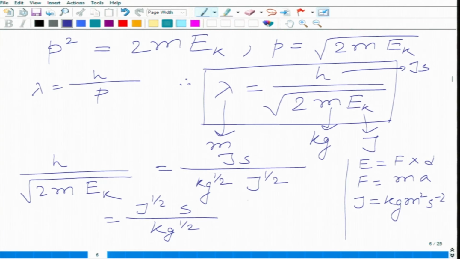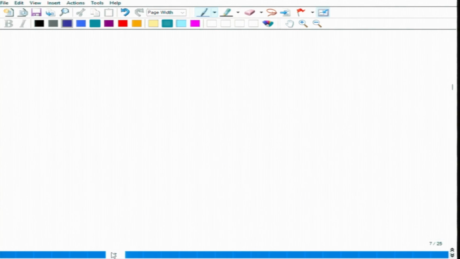So, it will be kg to the power half meter into second inverse divided by kg to the power half, and there is 1 second. So, second and second inverse will also cancel out. So, we get the unit of lambda as meter. So, we have found out the unit of wavelength.